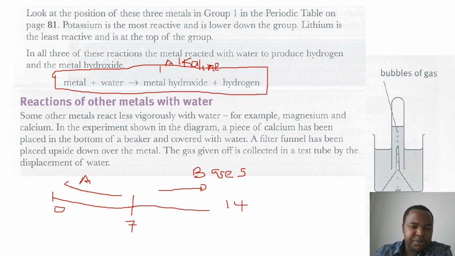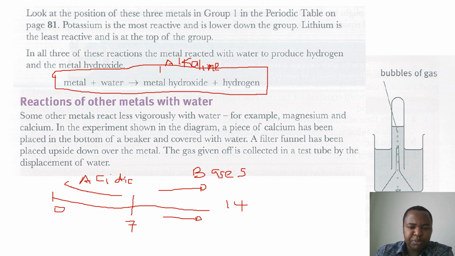A pH below 7 is acidic, a pH beyond 7 is basic, and 7 is neutral. So if you test the pH of these solutions that are left behind, you find that they are alkaline. The pH will be somewhere here. Actually, very strong alkaline solutions.